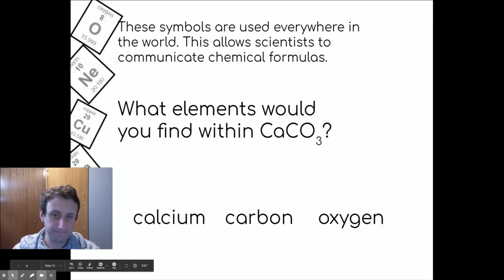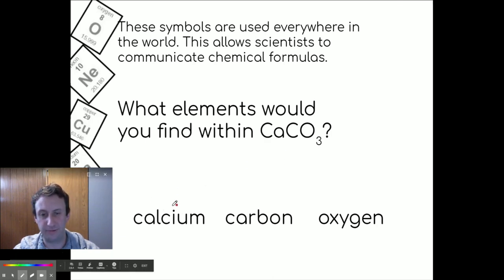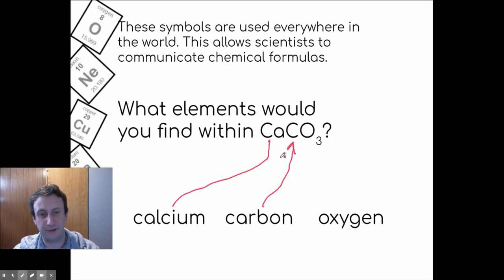Here's another one. What elements would you find in CaCO3? Well, I have 1, 2, 3 capital letters, so I have 3 different elements, and they would be calcium, because calcium is Ca. Maybe I should use the pen here to point this out. Calcium is Ca, right? I've got carbon, which is the C, and then finally I have oxygen.